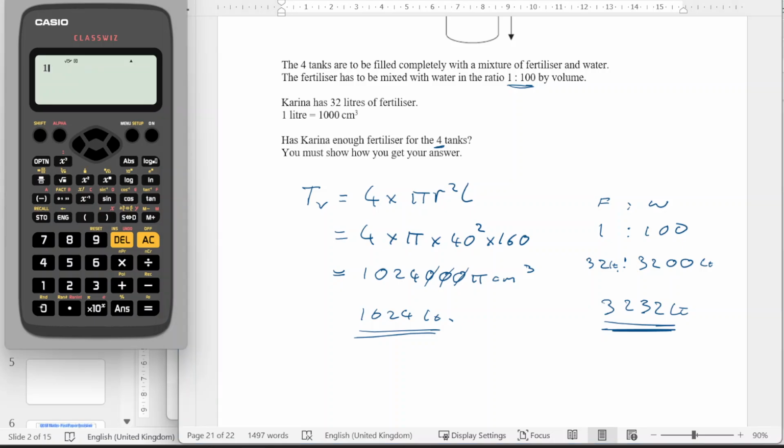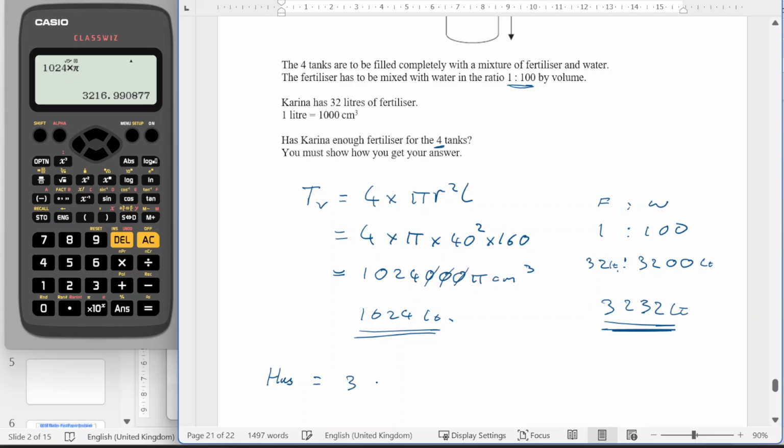So let's just work that out. 1024 times by pi. Oh, okay, that's really close. So she has a volume of 3216.99087. That's the volume that she has, and this is the volume that she can fill.